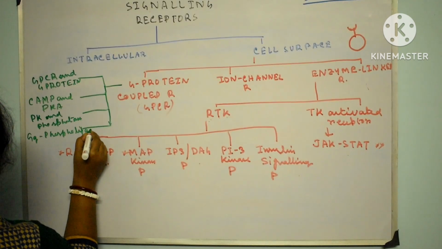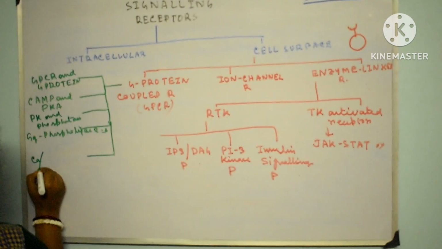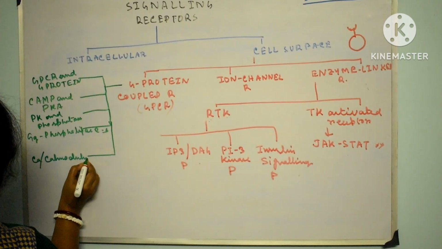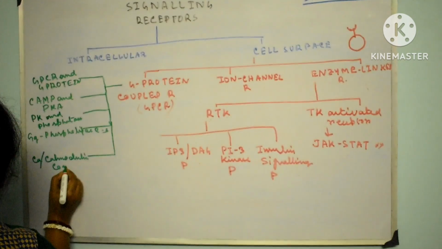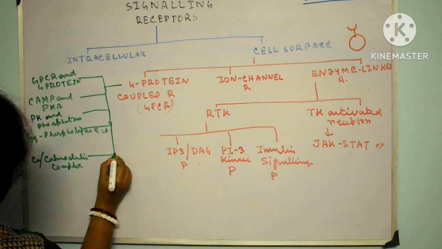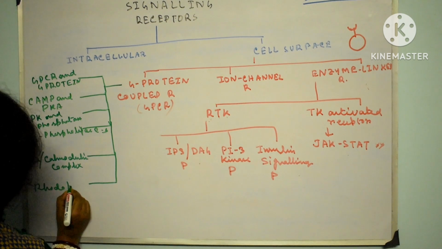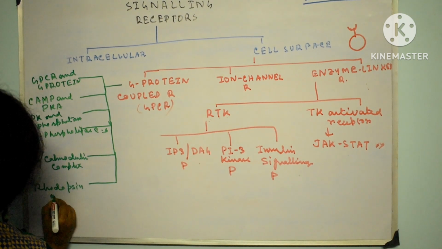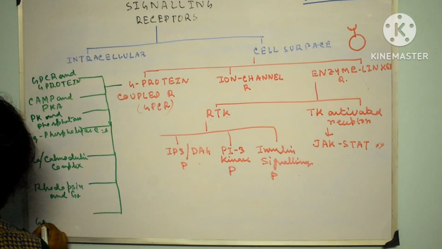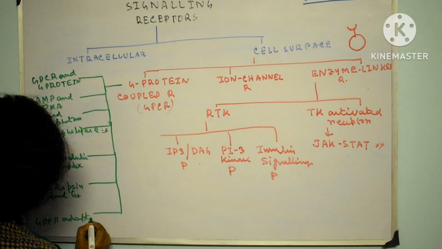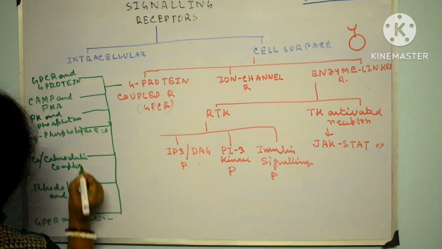phospholipase C beta. Fifth type of GPCR is calcium calmodulin complex, which is also very much important. Next one is rhodopsin and GT. And the last one is about GPCR adaptation.